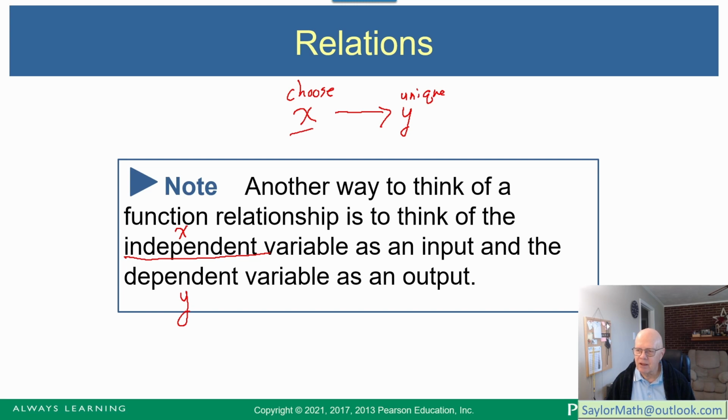Pick any x, there's only one number that's going to be matched up with. Independent, because you can choose any x, so it's independent. Y, once the x is chosen, y is automatic.